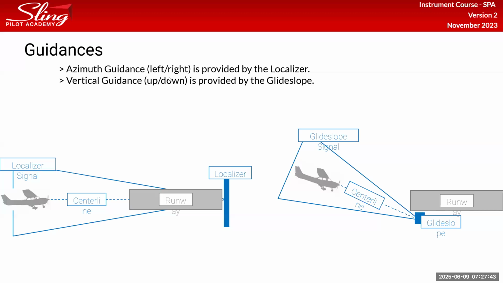Okay, so here are our guidances. The azimuth, or the lateral, left and right, is provided by the localizer. Vertical guidance, up or down, is provided by the glide slope. We'll have the localizer at the end of the runway. It looks like these orange, red antenna-looking things, with the runway towards the west here, right? So the localizer signal will form a cone, and you'll have your center line.